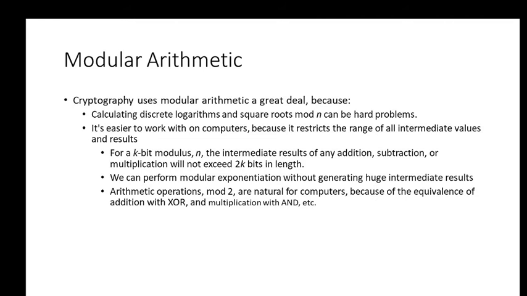For a k-bit modulus n, the intermediate result of any addition, subtraction or multiplication will not exceed 2k bits in length. We can perform modular exponentiation without generating huge intermediate results. Arithmetic operations mod 2 are natural for computers because of the equivalence of addition with XOR and multiplication with AND, etc.